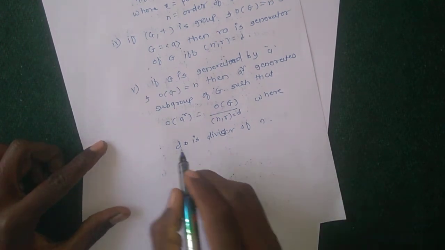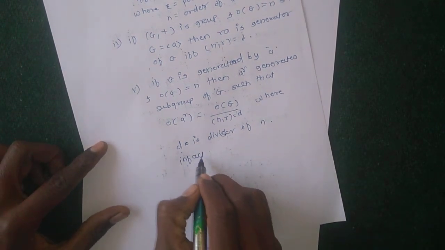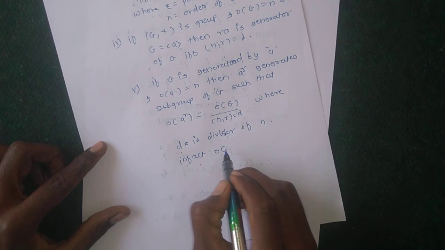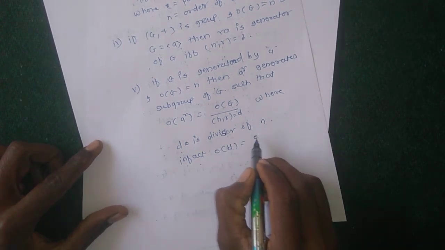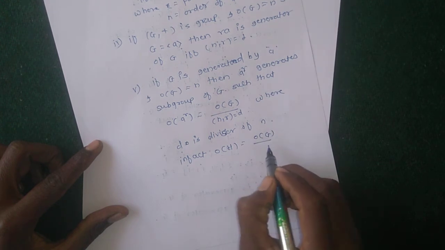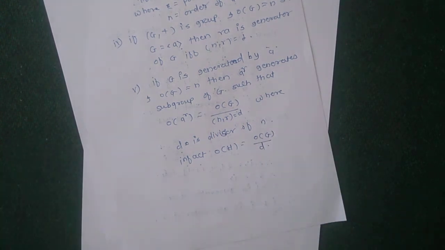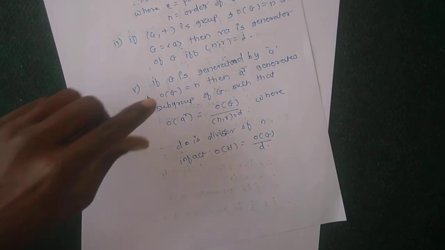In fact, the order of H equals the order of G divided by D.